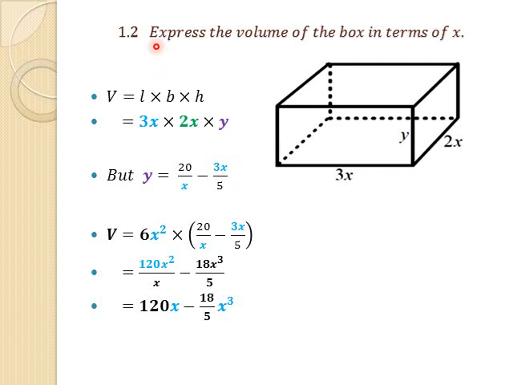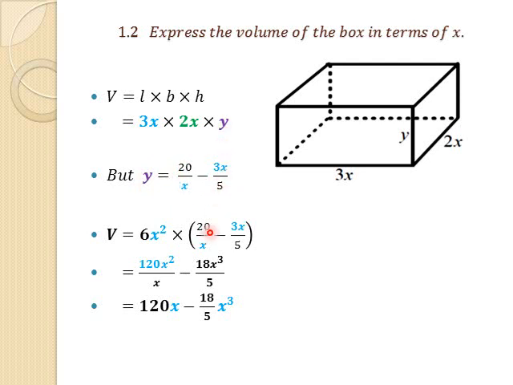Now in this problem, they want us to express the volume of the box in terms of x. So for a rectangular prism, volume equals length times breadth times height. So 3x times 2x times y. But from the previous problem, we know that y equals 20 over x minus 3x over 5.